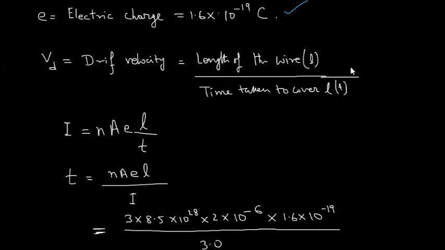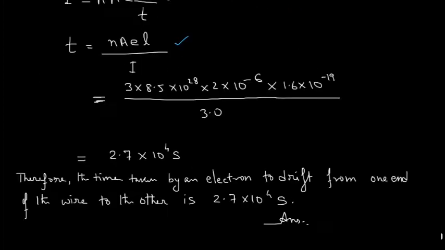is equal to length of the wire L upon time taken to cover the length, that is t. Therefore, I is equal to nAeL upon t. t is equal to nAeL upon I. Putting the values, we get 2.7 into 10 to the power 4 seconds.